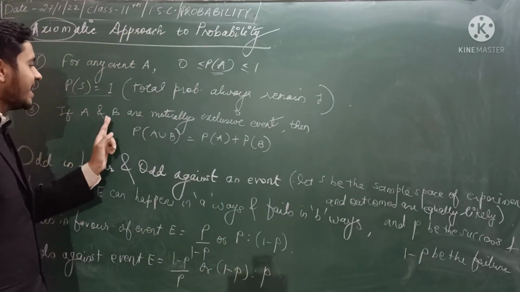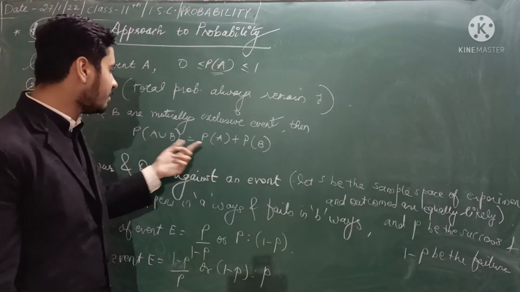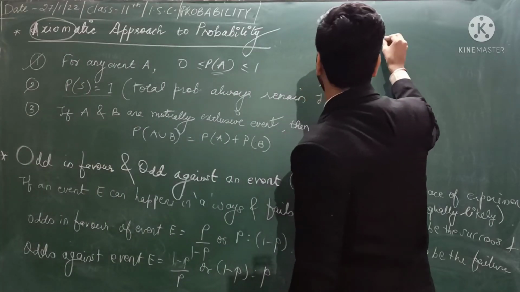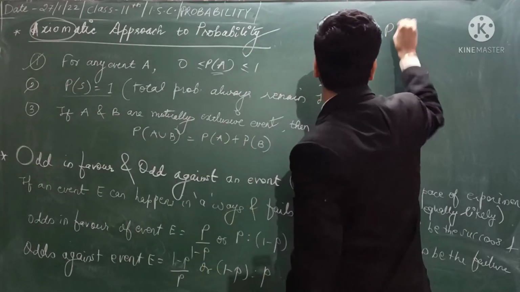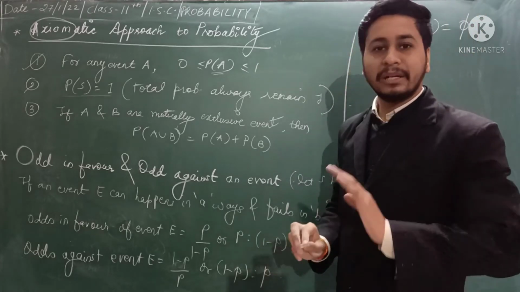Then if A and B are mutually exclusive events, then probability of A union B is probability of A plus probability of B. This can be understood in such a way that if A and B are mutually exclusive, their intersection is nothing but phi, that is it vanishes.